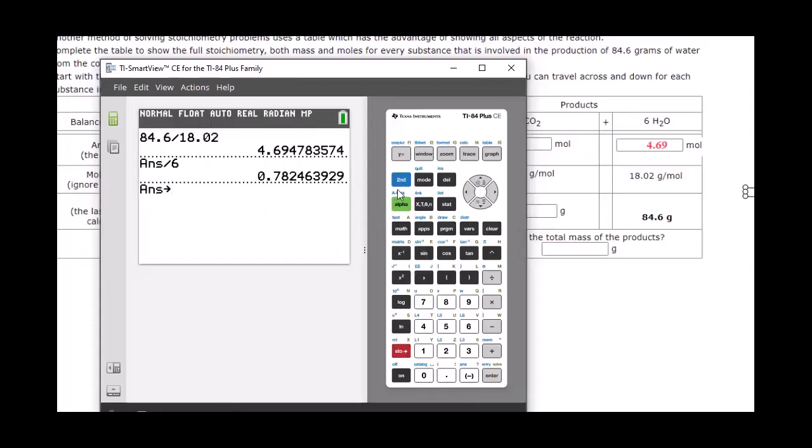Now, you could use an alphanumeric thing, but here's a real quick trick. I can just store it as X. From now on, if I type in X, I get 0.782463929, stored to the accuracy that this calculator can figure out. And that's going to be really convenient.